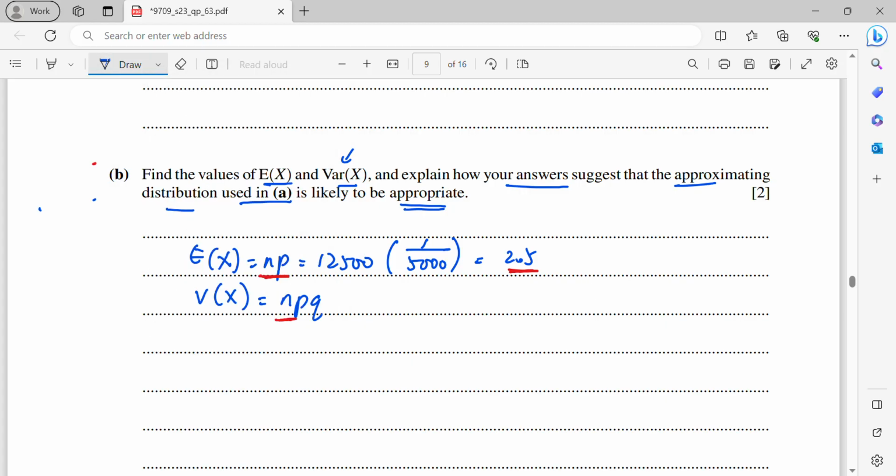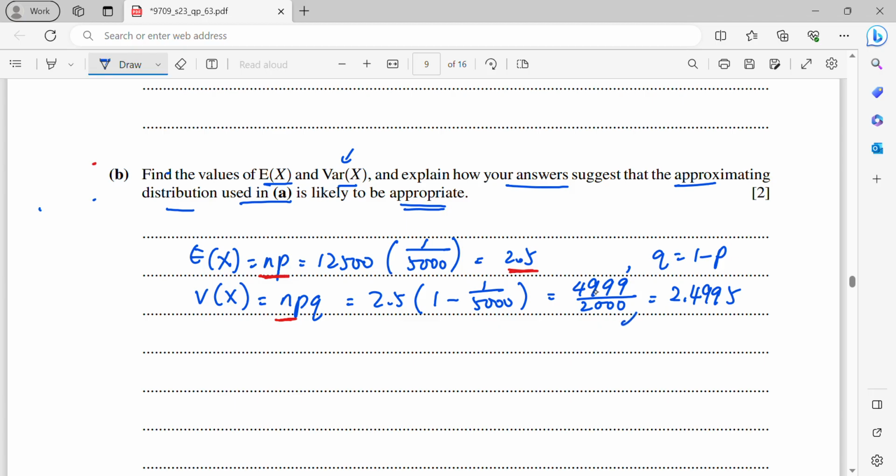That means it will be 2.5 times, my Q is 1 minus P, so it will be 1 minus 1 over 5,000. So when you calculate this value, it's going to be 4999 over 5000, and then it is 2.4995. Since we need to count the values, here I will just leave my answer in this form.